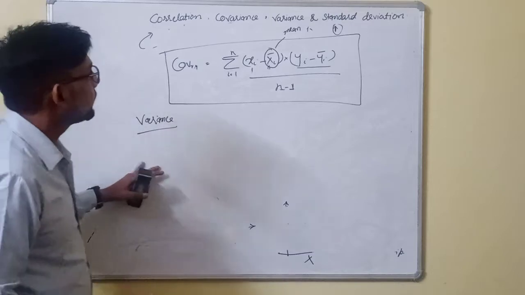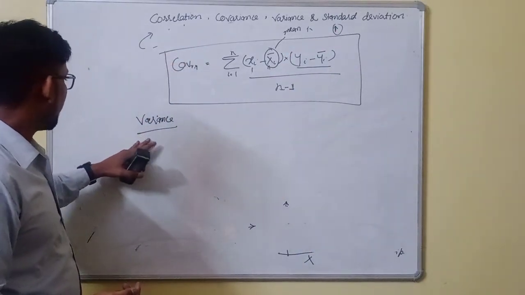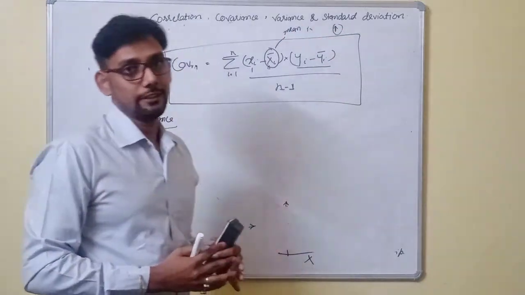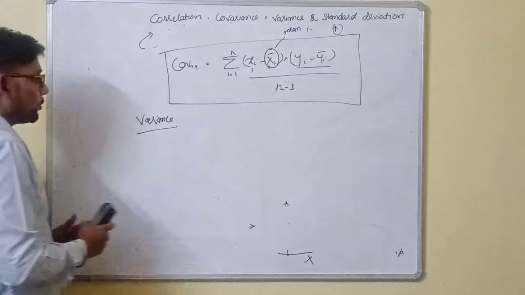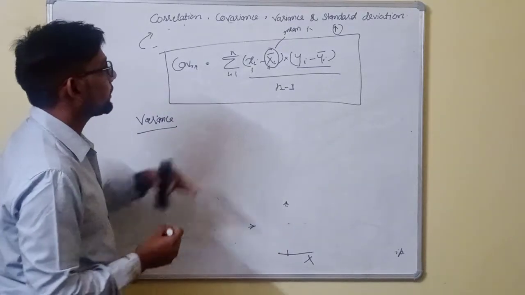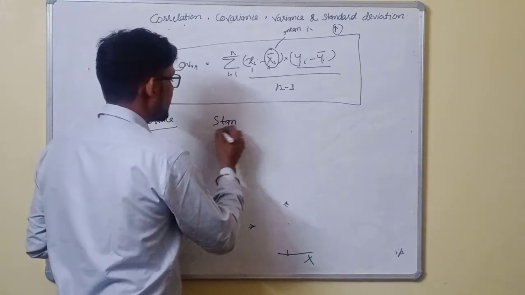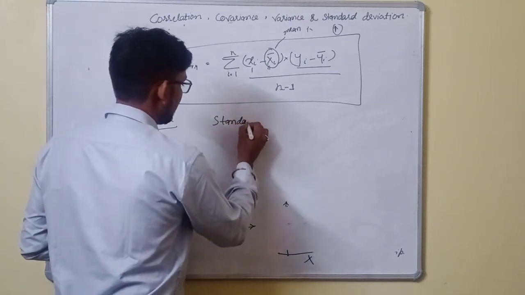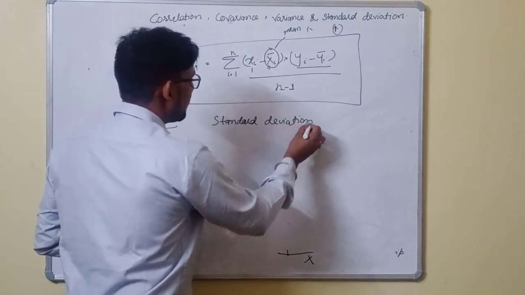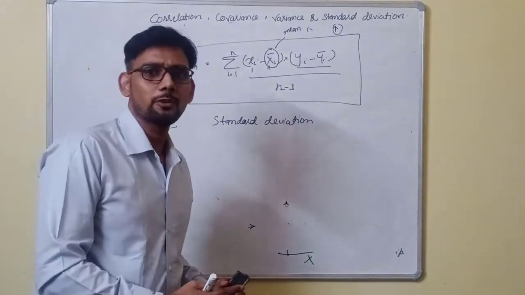So again, you might have read the words variance and standard deviation together, right? So let's discuss the variance and standard deviation and what the differences between them are. So guys, standard deviation is basically the average deviation from the mean.